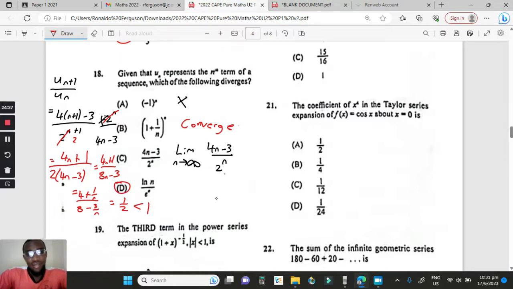Alright, and you could even check it as well. ln of n plus 1 over e to the n plus 1, multiplied by e to the n over ln n, and then show that e to the n cancels out e to the n, so you have e to the 1.